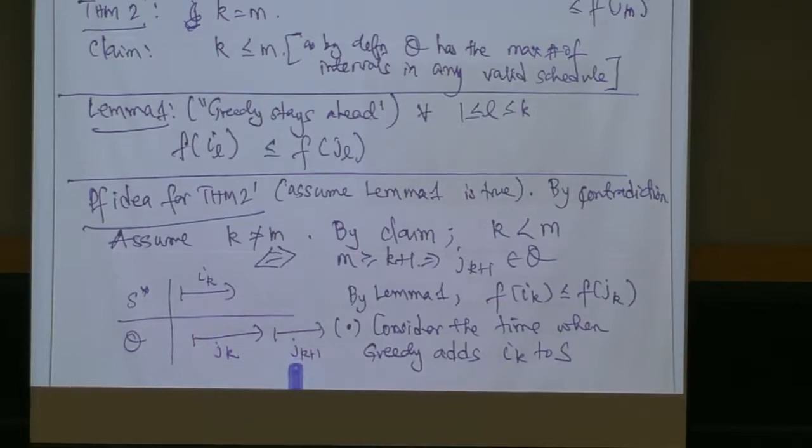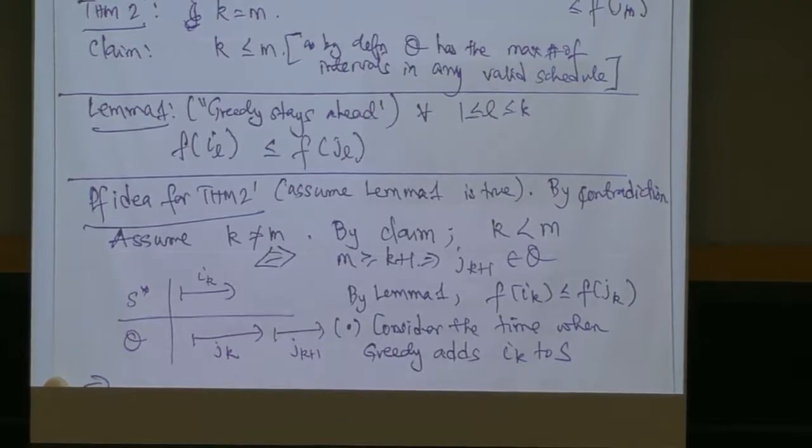In other words, j_{k+1} is one interval that doesn't conflict with any of the first k guys in the greedy algorithm, which means it still has to remain in my set R, where the greedy algorithm keeps track of the guys that have not been dealt with.